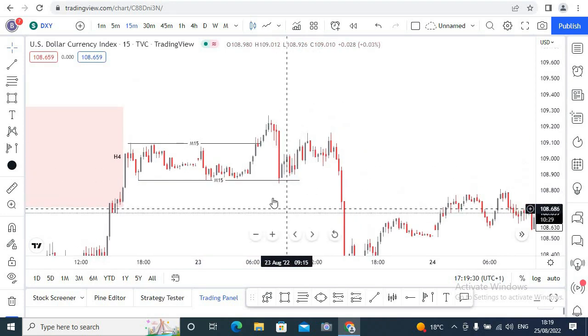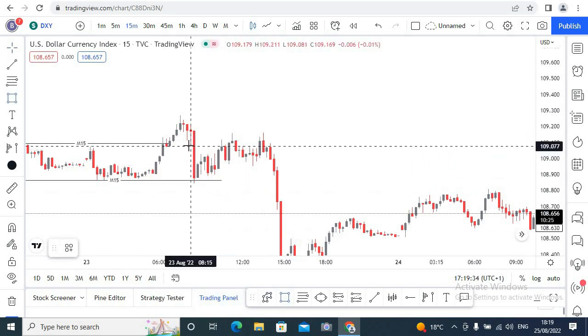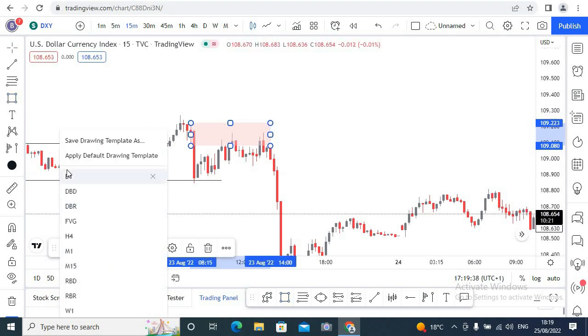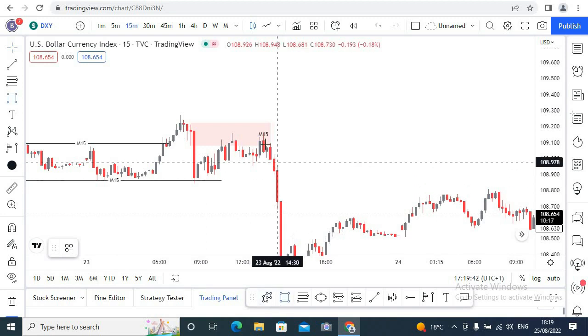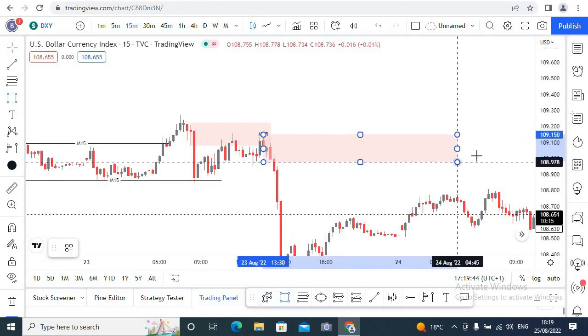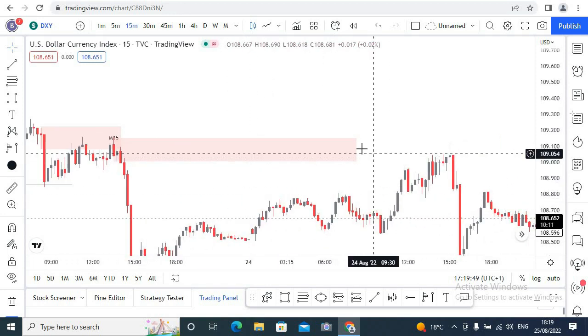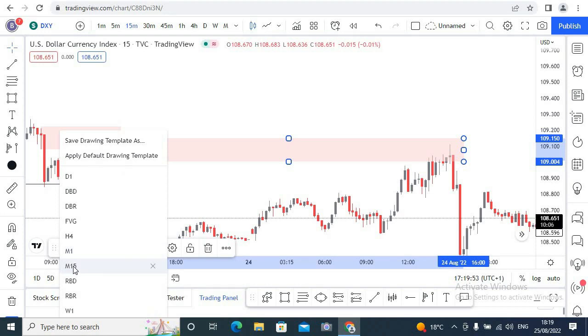So this was a nice compression, a nice price approach to this supply zone area right here, and you can see that the price has mitigated that supply zone area. And again, you can see we do have another nice supply zone area, which is this one. And guys, as you can see, the price came back to mitigate this supply zone area.